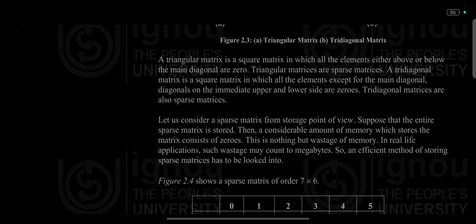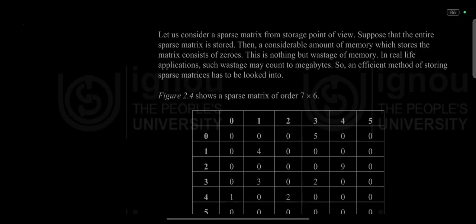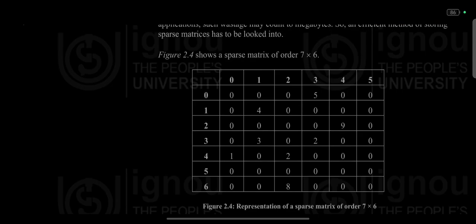In real life applications such wastage may count to megabytes, so an efficient method of storing sparse matrices has to be looked into. Figure 2.4 shows a sparse matrix of order 7 x 6.